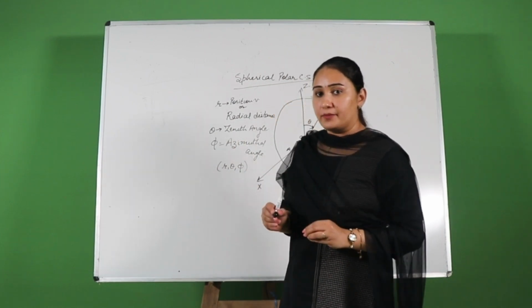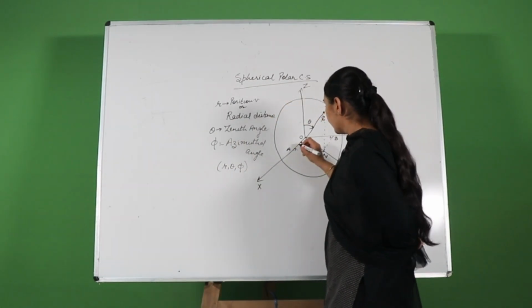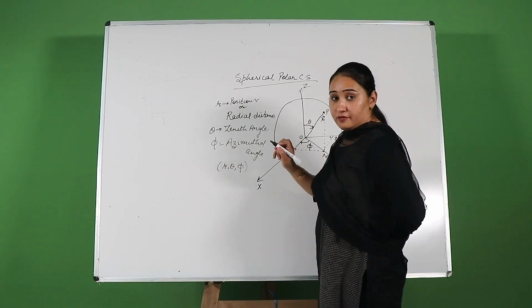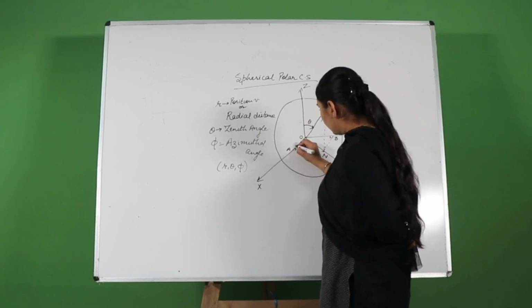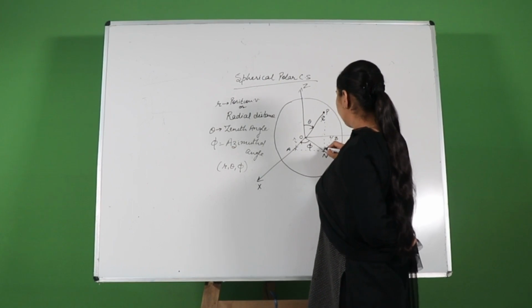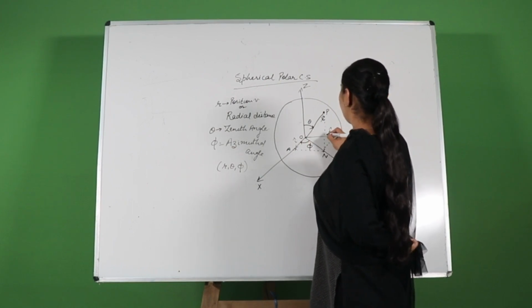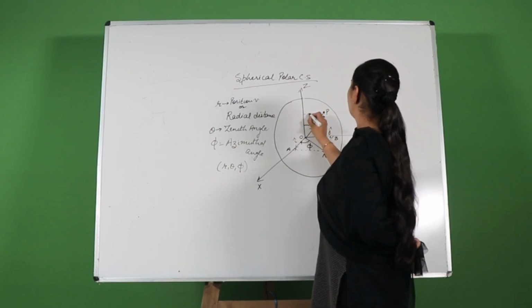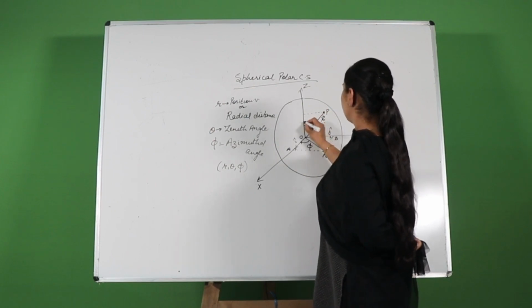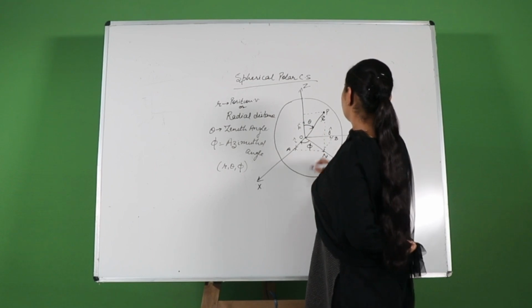There are some properties related to this. First of all we will see the unit vectors. The unit vector along the x-axis is i cap, along the y-axis is j cap, and along the z-axis is k cap.